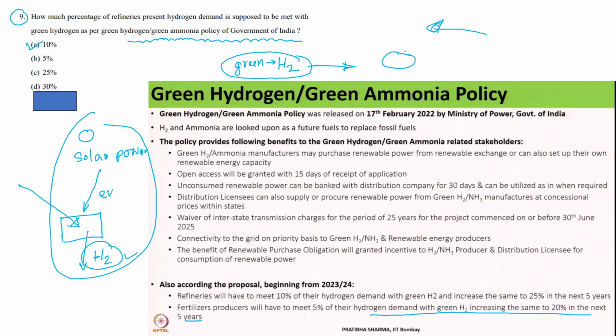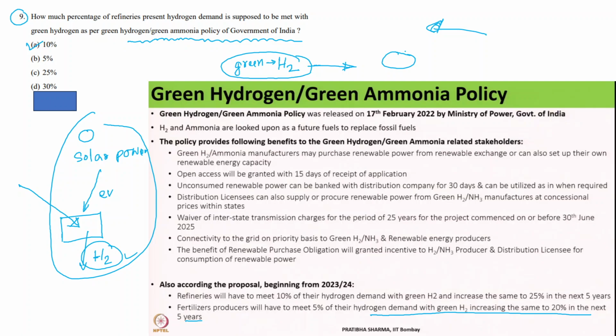That is one time, but with a thermal power plant, it is continuously generating electricity, and you are taking this electricity to generate hydrogen in the electrolyzer. That is not green actually.